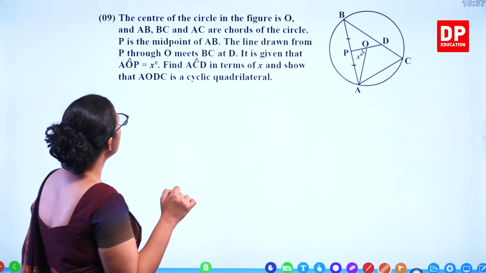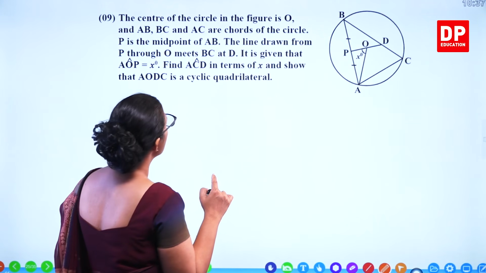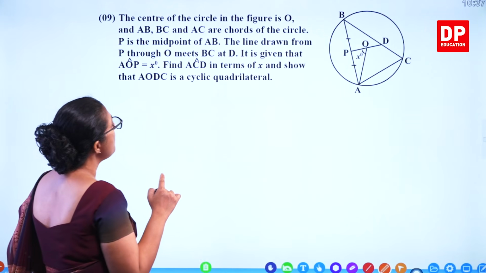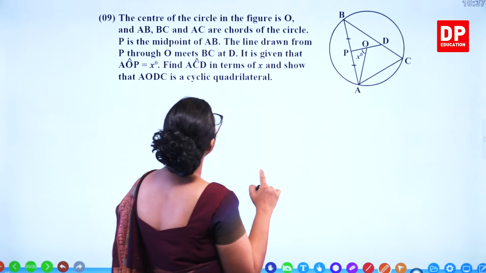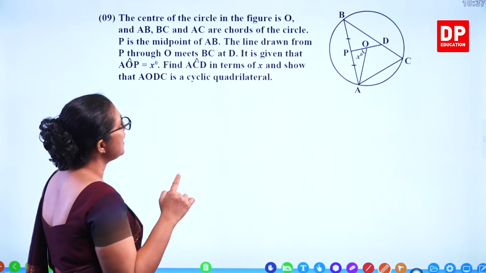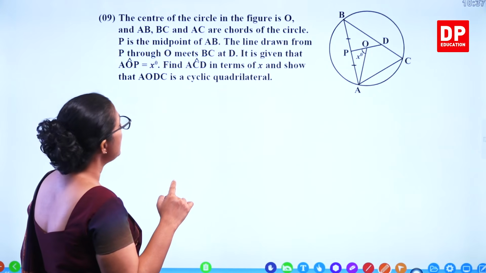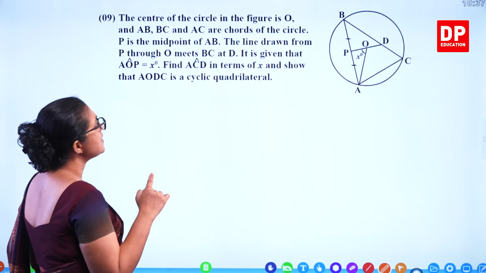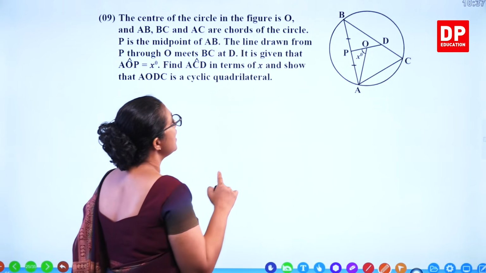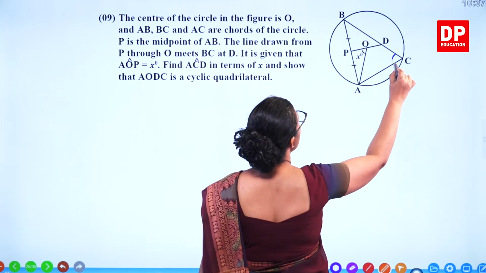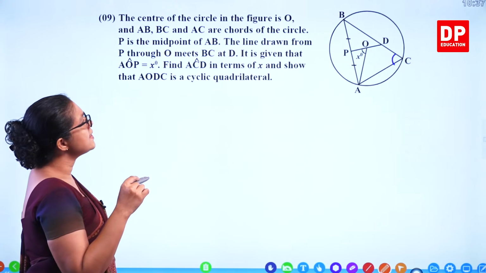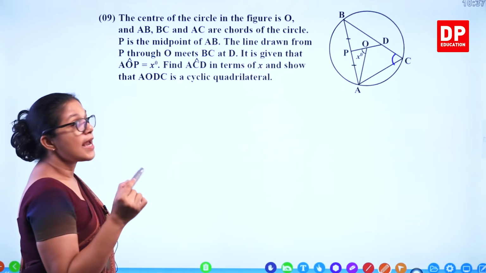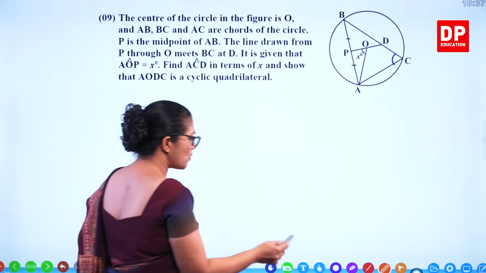The line drawn from P through O meets BC at D. It is given that angle AOP is X. Find angle ACD in terms of X, and show that AODC is a cyclic quadrilateral. So where's AODC?